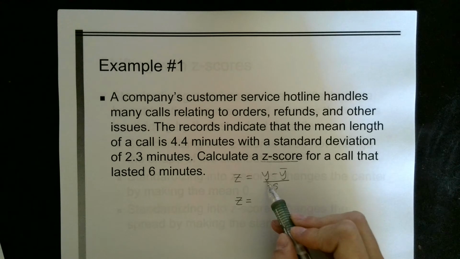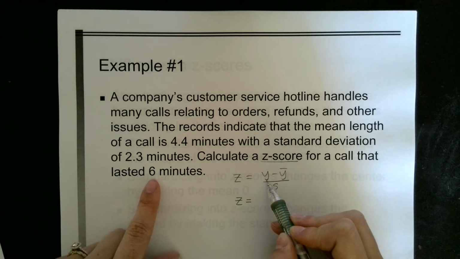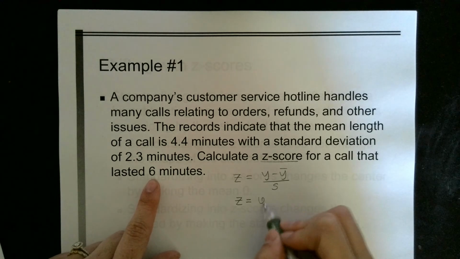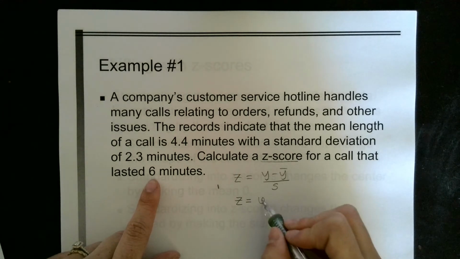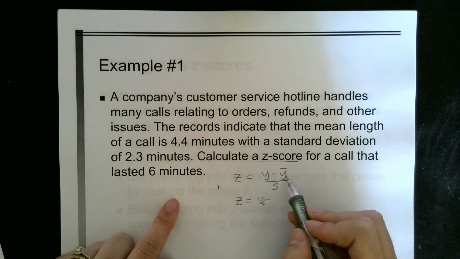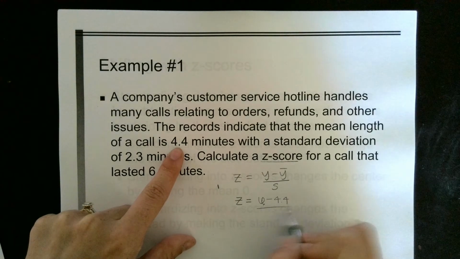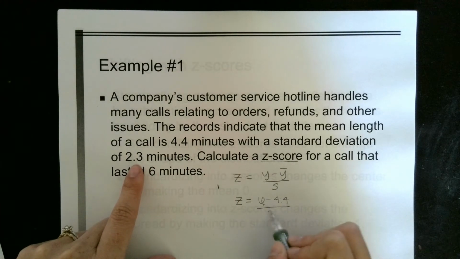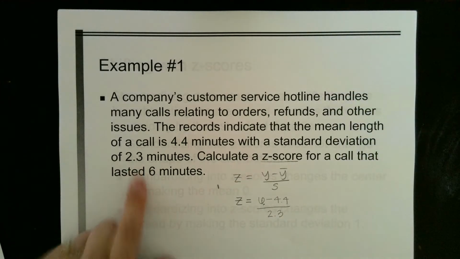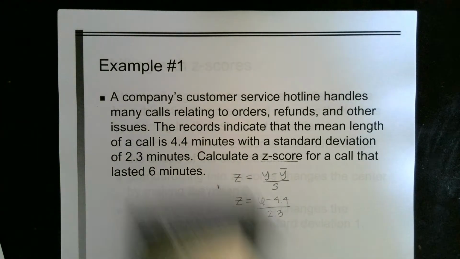The individual call that I'm looking at was the call that lasted 6 minutes, so my y value will be 6. They told me that the average call length was 4.4, and the standard deviation was 2.3. I can use my calculator from here.